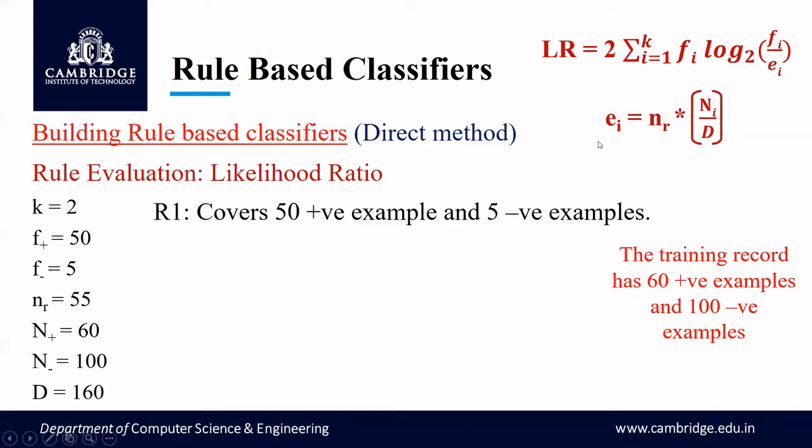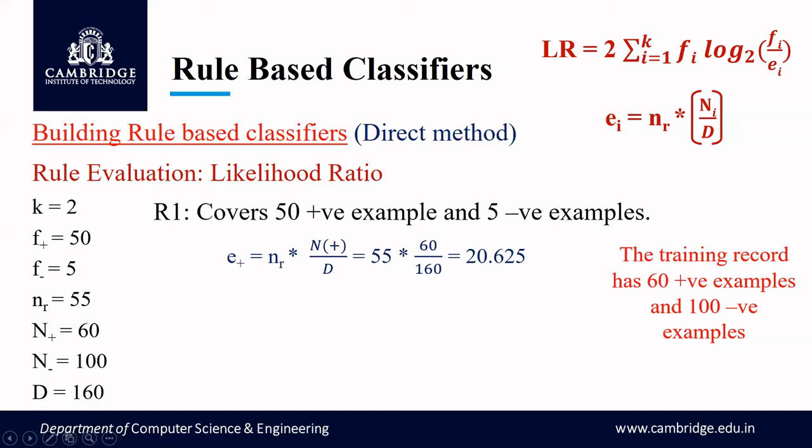That is Ei, where i takes two values, i1 and i2. i1 represents the positive class, whereas i2 represents the negative class. So first I'll find E plus. It is NR into N plus by D. NR we already know is 55, N plus is 60 and D is 160. So the value is 20.625.